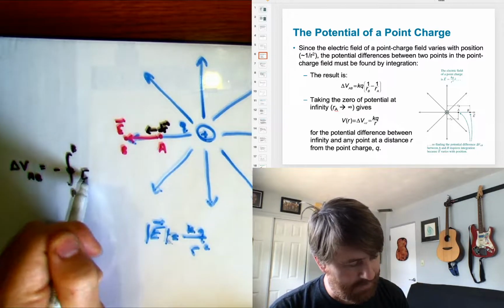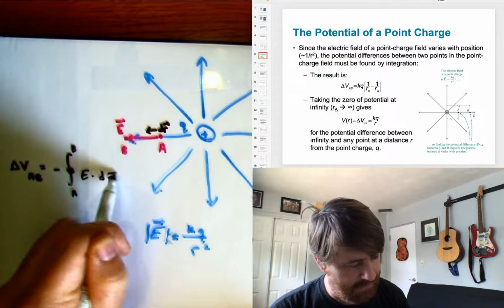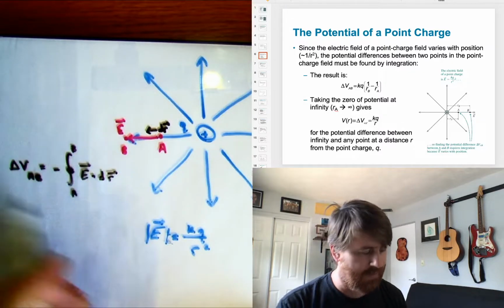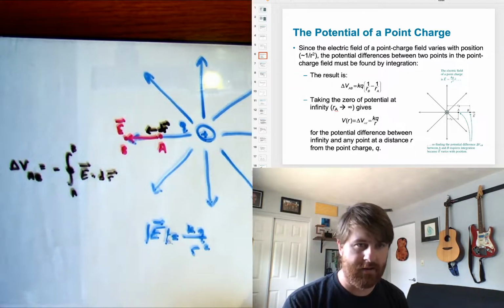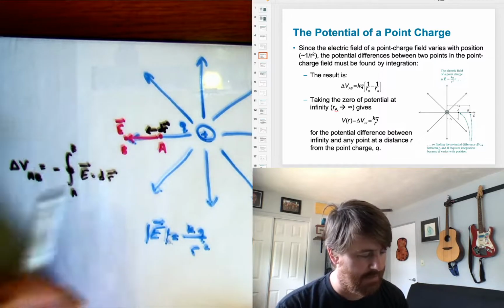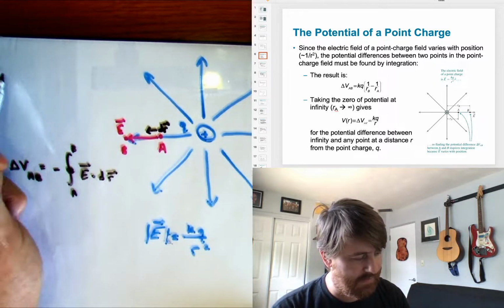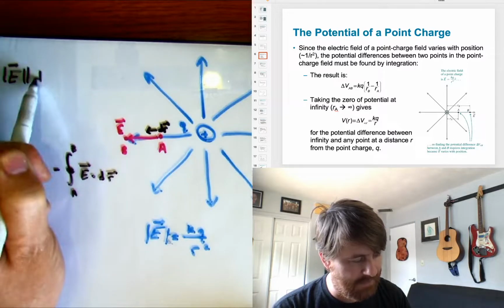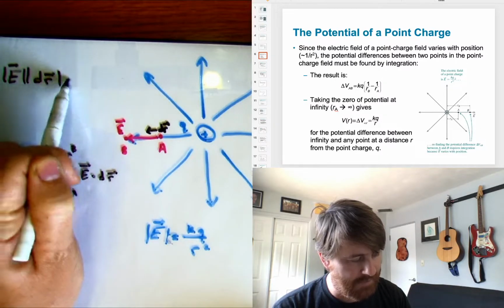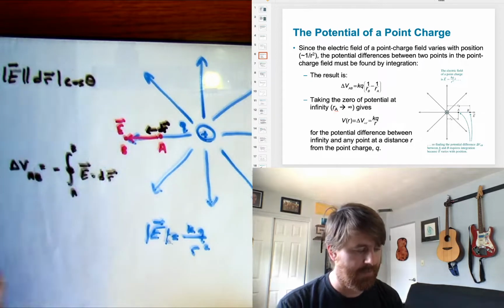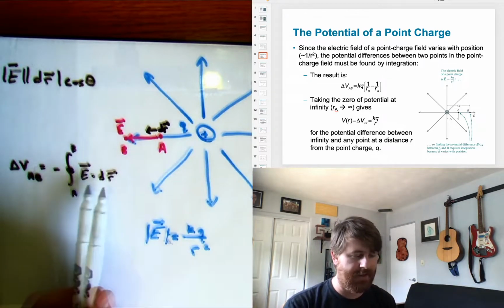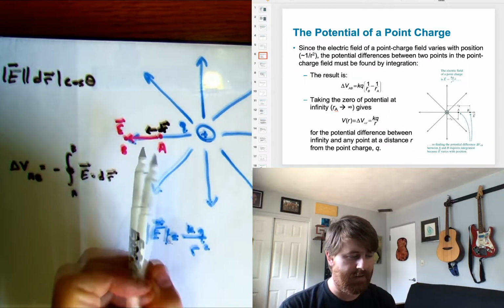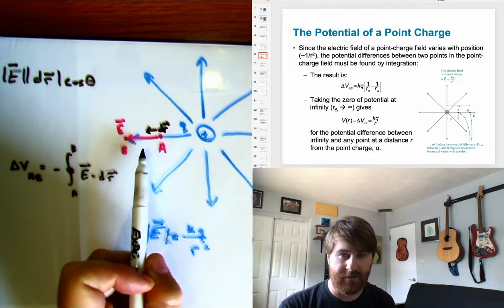of E dot dr. Okay, well, the electric field, this is a scalar product. Just want to remind you, a scalar product says that's the magnitude of E times the magnitude of dr times the cosine of the angle between them. So I've got the magnitude of E, and the magnitude of dr and E are both parallel to each other.